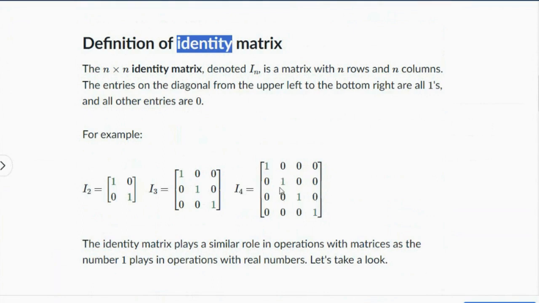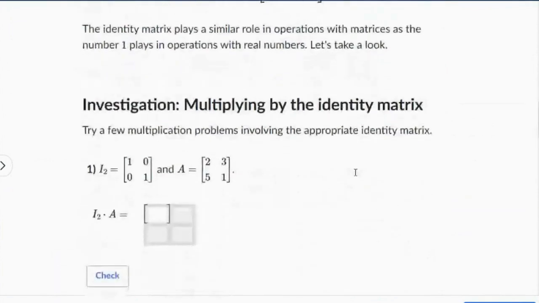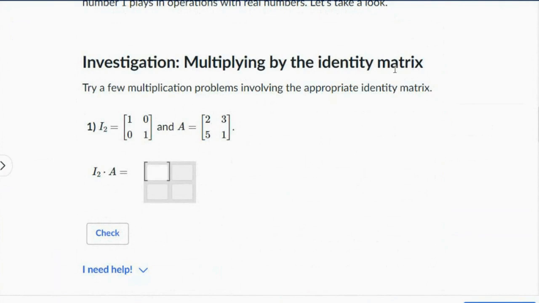And we use the identity matrix to multiply against other matrices. So when you multiply by the identity matrix, this is going to be interesting. We're going to do this on paper to see what it means when we multiply by an identity matrix, because identity matrix means something. It's a special kind of matrix. 1 0 0 1 times 2 3 5 1.